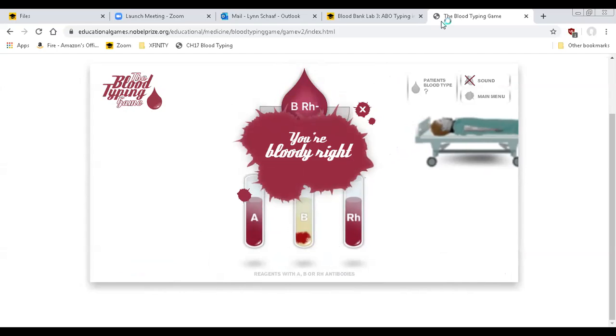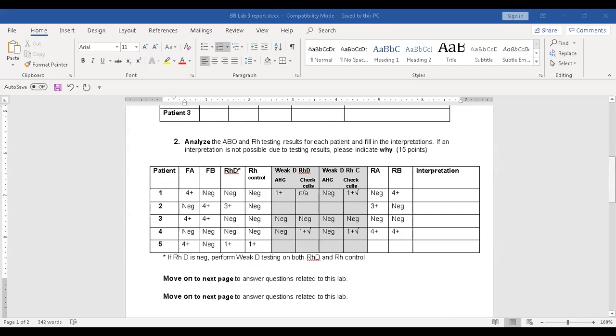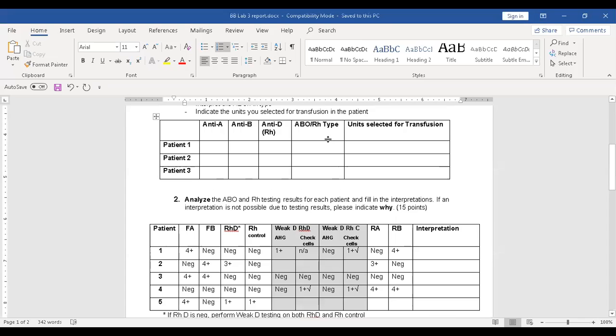But guess what? What am I going to do? Bear with me. I'm also going to have my lab report open. So in my case, patient 1, I'm going to type in here negative, positive, negative, B negative. Then I'll move on to the units for transfusion.